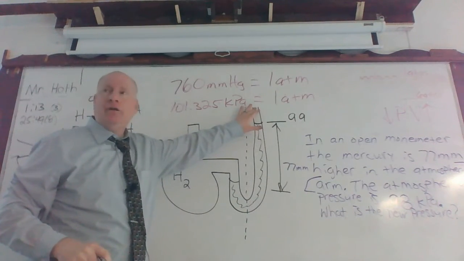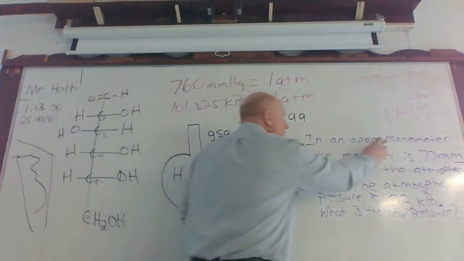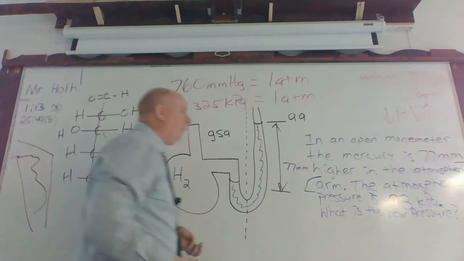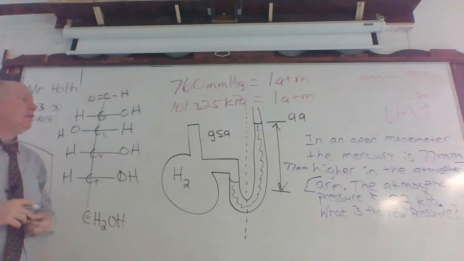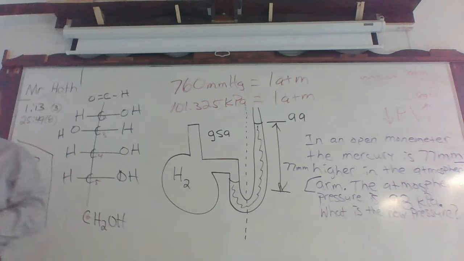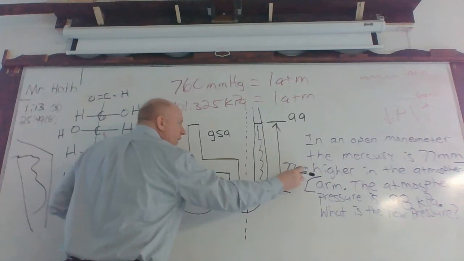We see it's an open manometer, and that's what it's telling you right here. So the next thing we need to do is convert this to kilopascals. And in order to do that, we have to account for this correction here.